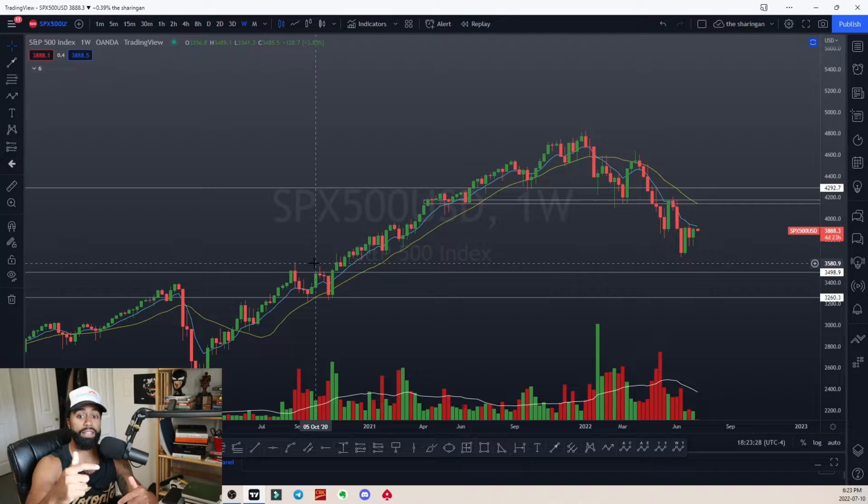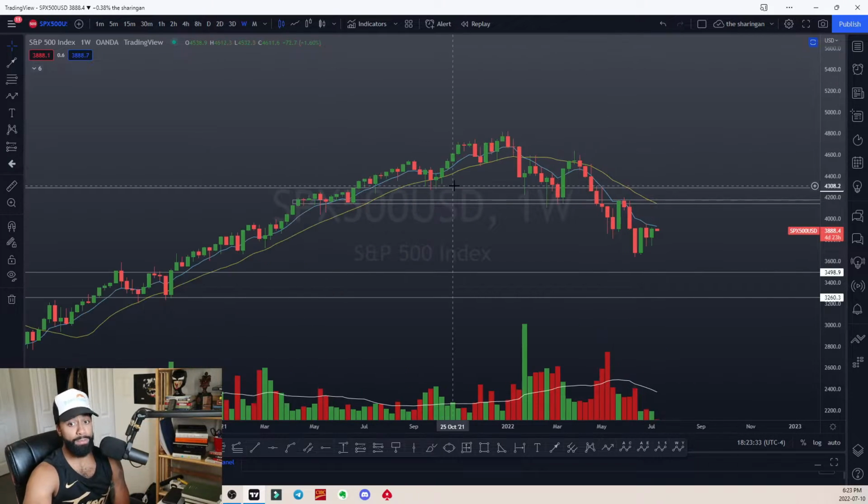Higher highs, higher lows continuously happening. Whereas in the bear market, you see lower highs and lower lows, and the 8 EMA crosses under the 20 EMA, right? So this has happened here. The 8 crosses under the 20, and now it's being used as resistance, right?